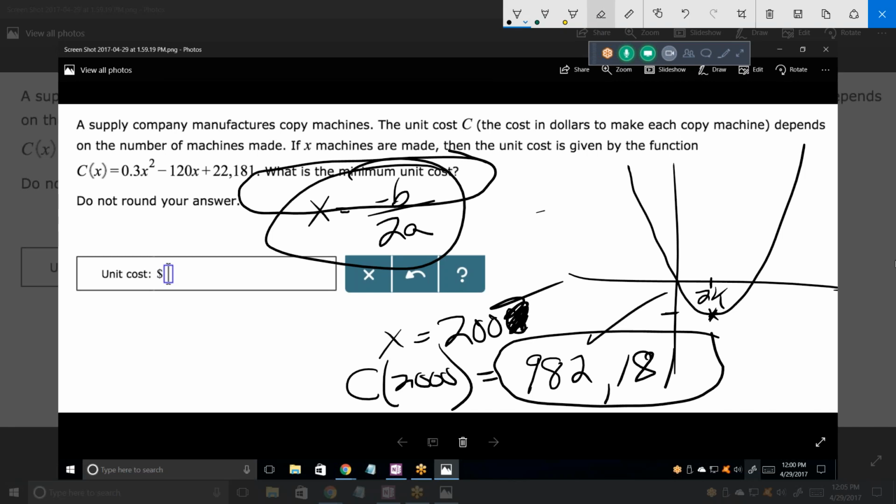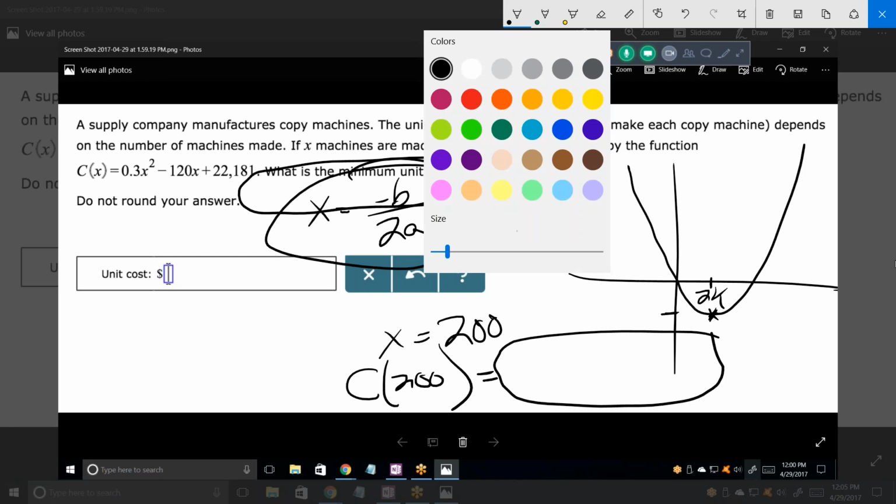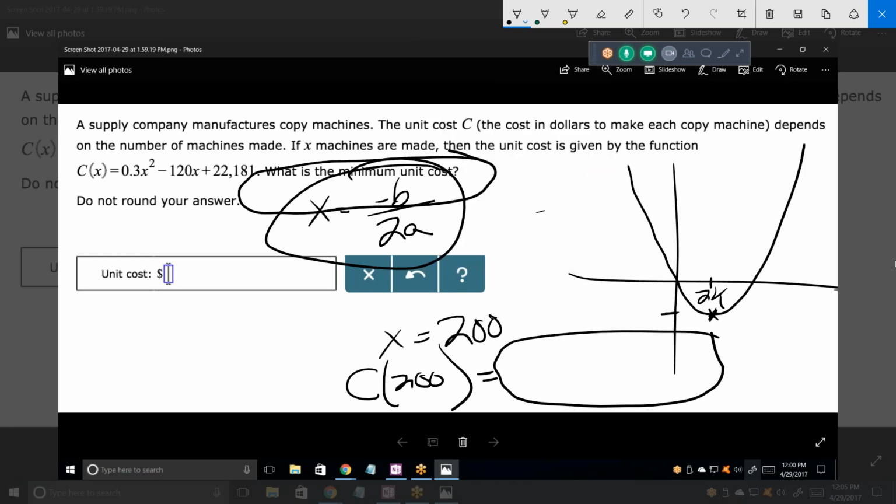Minus 120 times 200, just 24,000 plus 22,181. It's 10,181. That makes a lot more sense.